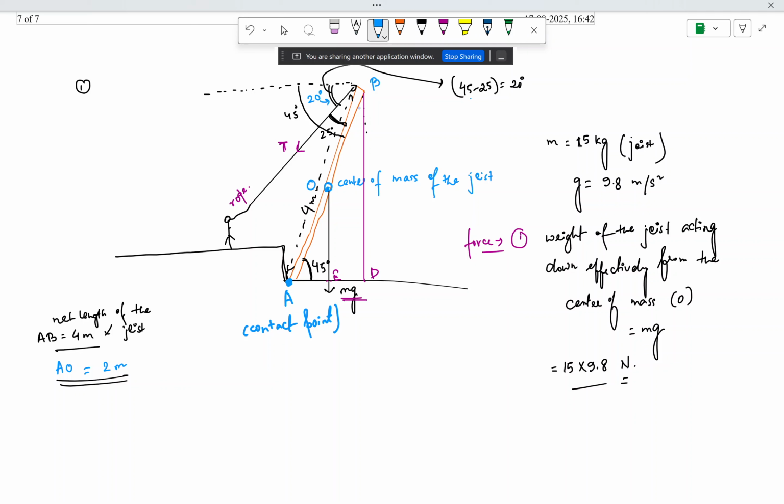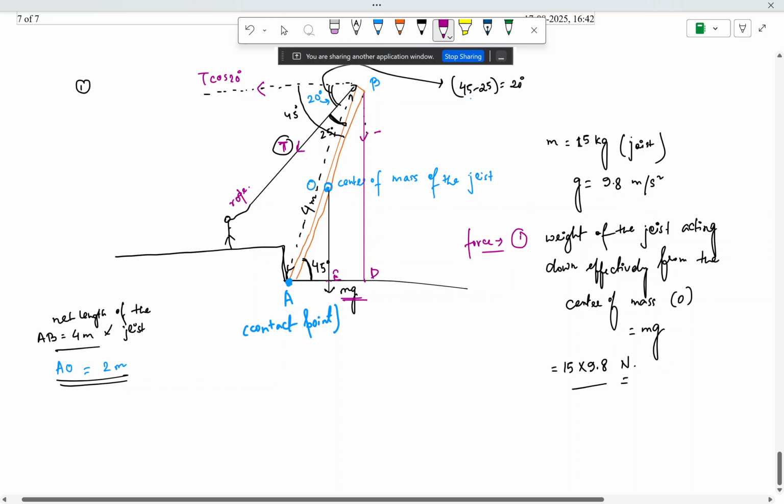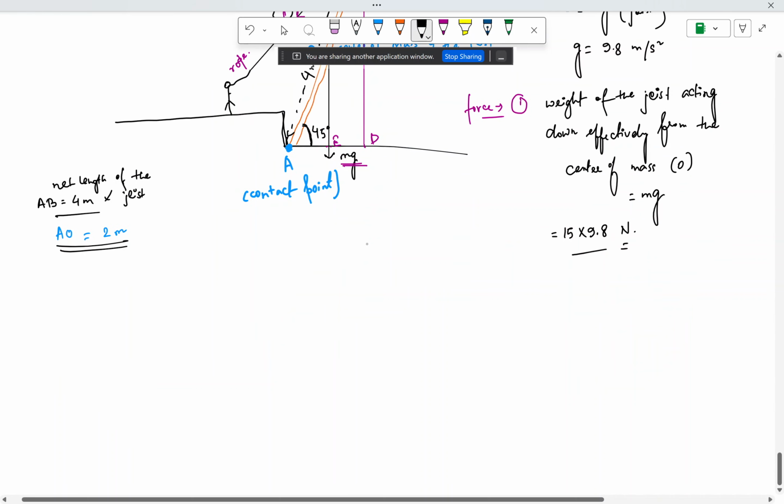Now you can observe here that this tension T along the rope has two components. One is in the horizontal direction, which is T cos 20 degree, and the other is in the vertical direction downwards, which is T sin 20 degree, right? So you can say this is your force number 2.